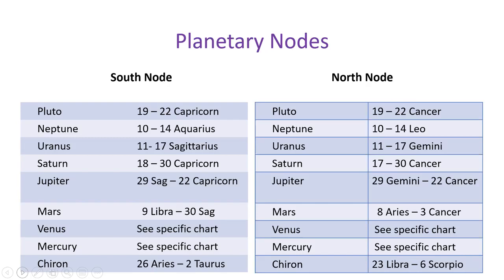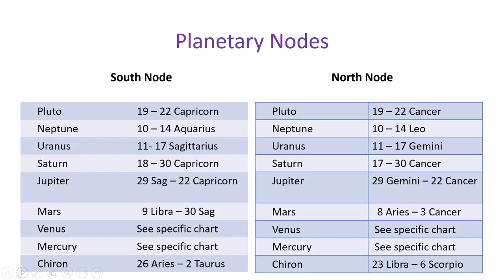Venus and Mercury, you have to draw up the chart to see where the positions of Venus and Mercury sit. Chiron hovers between 26 degrees Aries and 2 Taurus in terms of its South Node, and Chiron's North Node, 23 degrees Libra to about 6 degrees Scorpio.